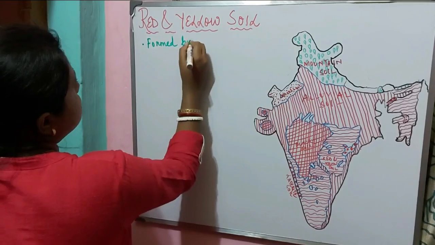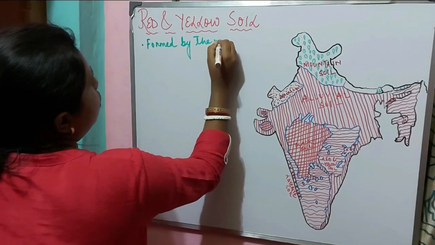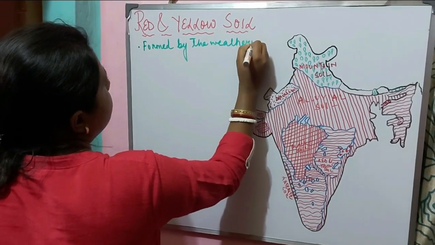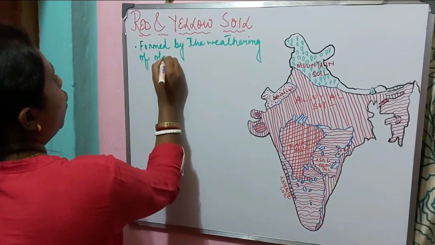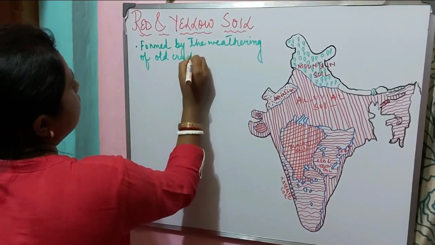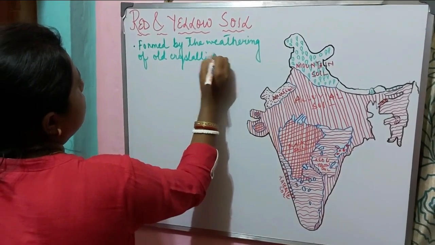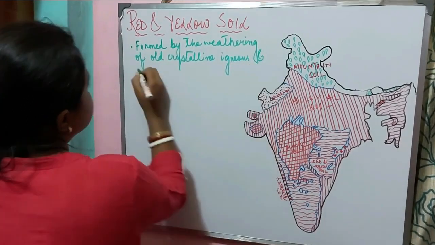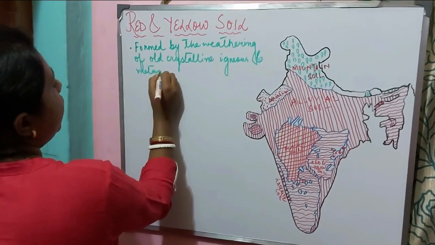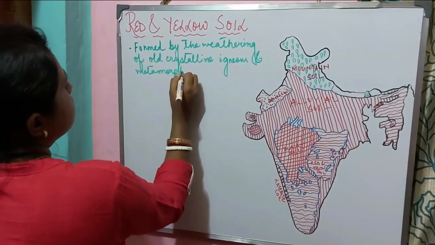They are also formed by the weathering of old crystalline, igneous and metamorphic rocks.